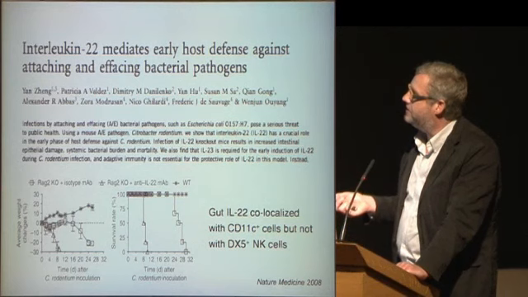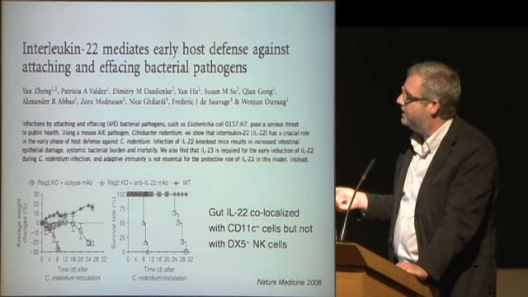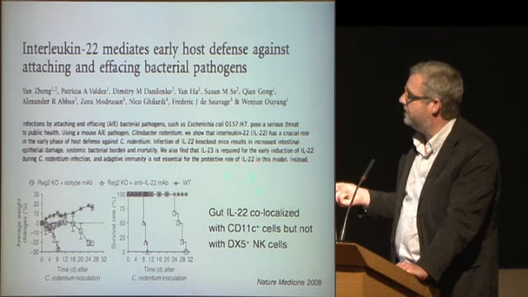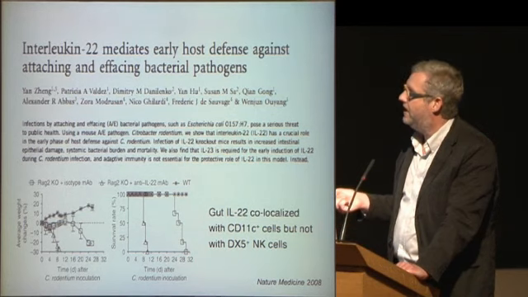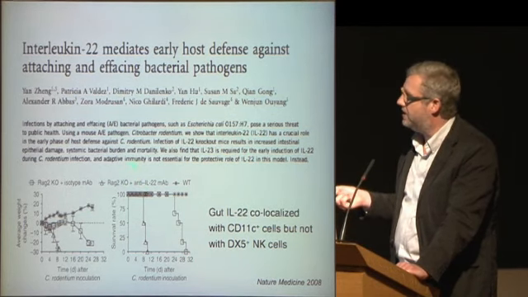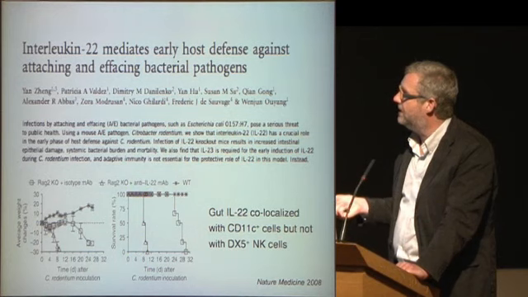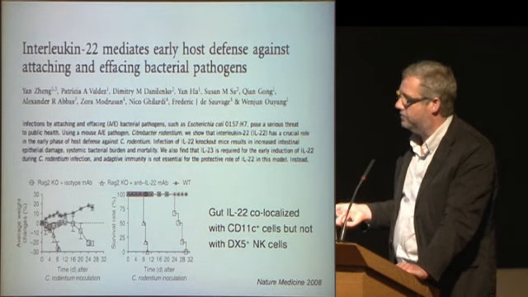And the role for IL-22 as a critical factor has been demonstrated in this particular paper by the Genentech group, where they used the infection model of Citrobacter rodentium, and were able to show that the early production of IL-22 is, of course, critical for defense against this particular pathogen.